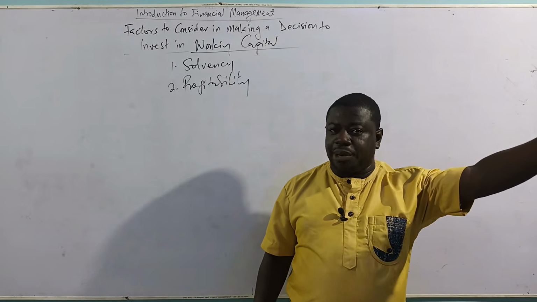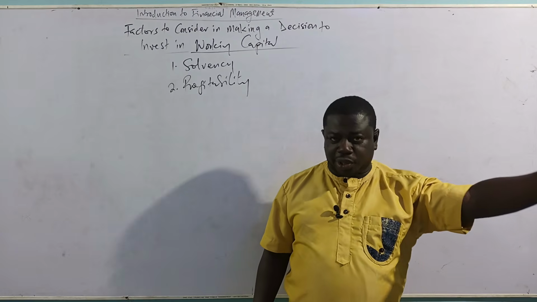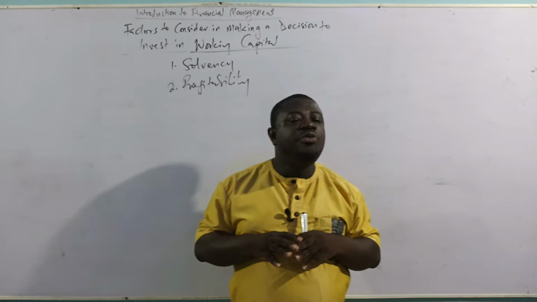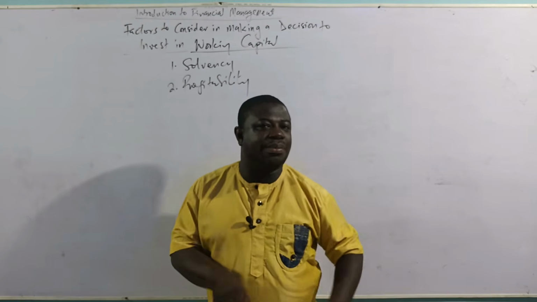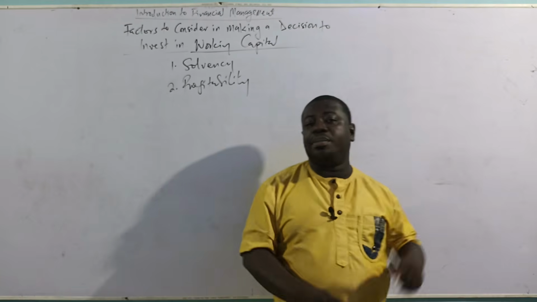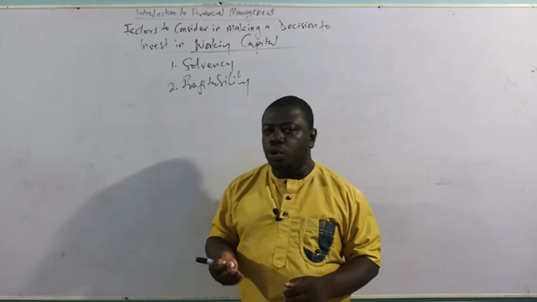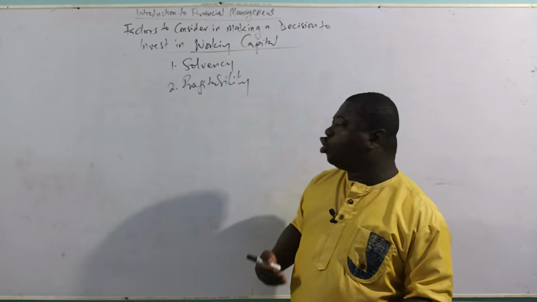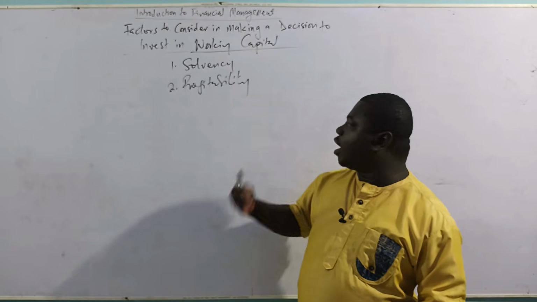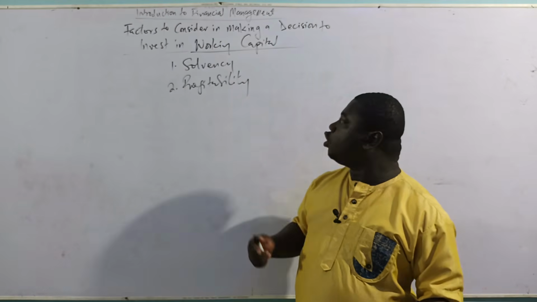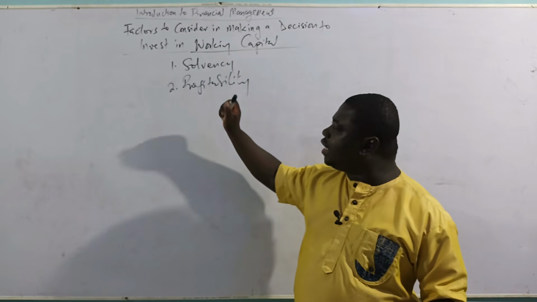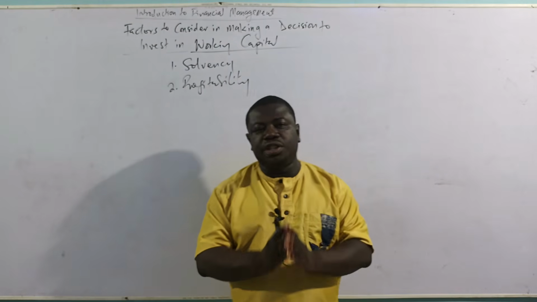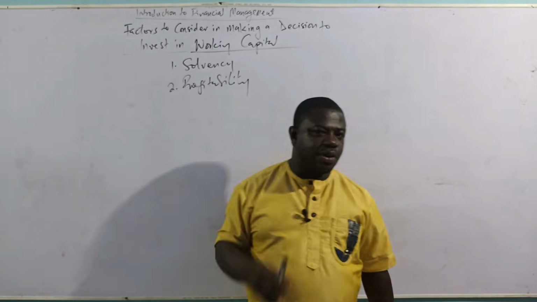It may give you long-term profitability because it supports a capital project, but it will reduce your profitability in the short term, which may cause you to risk becoming insolvent. So your desired profitability level should also inform you as to how much money you should put in your working capital. Solvency and profitability are the two key things we consider in investing in working capital.